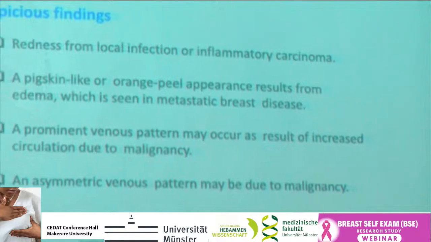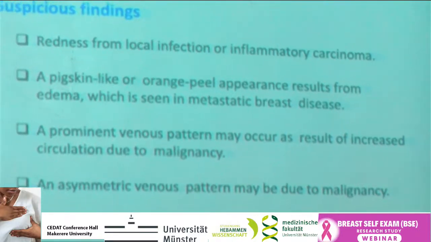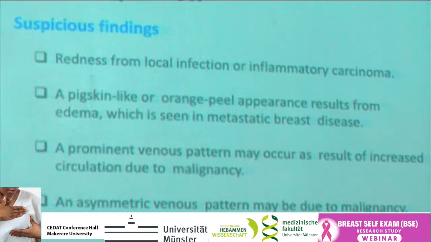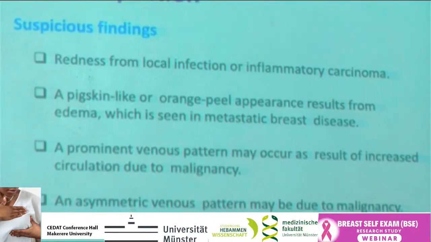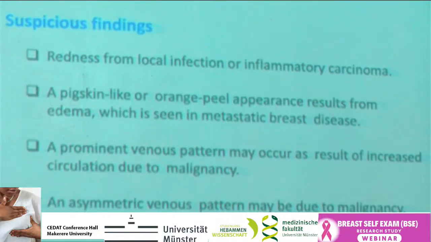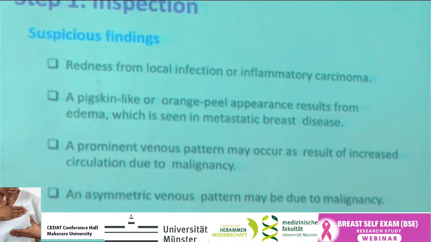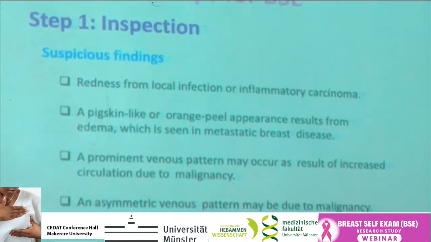The suspicious findings that you can see during inspection. Apart from the peau d'orange, or the orange-like skin, there can also be redness of the skin, from a local infection or inflammatory carcinoma.